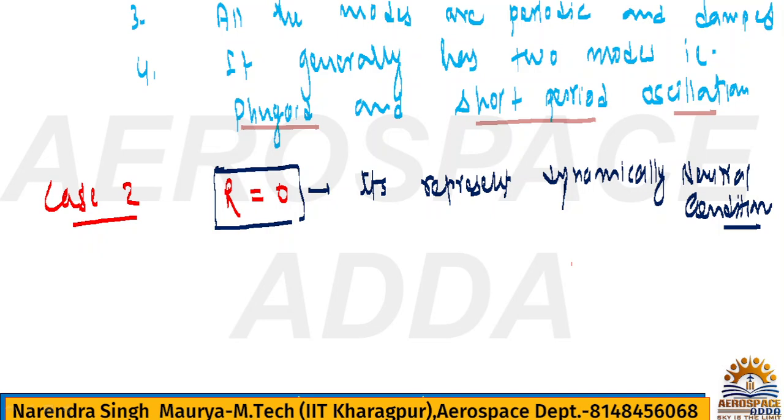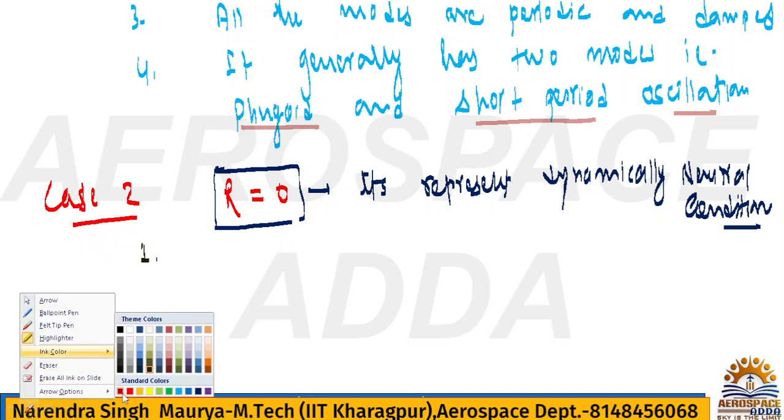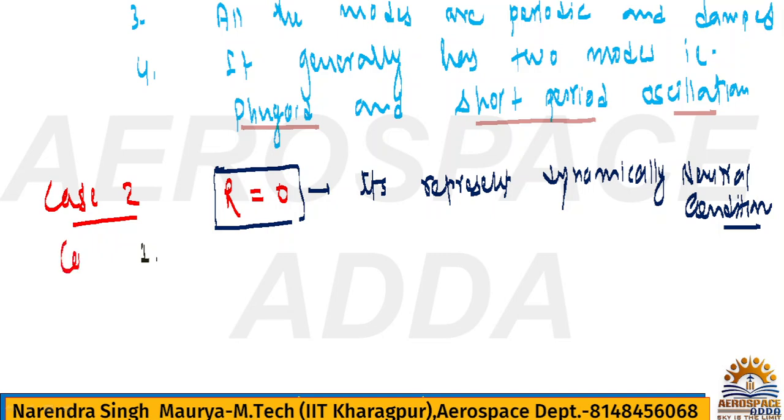So again, that is a point you need to remember. r equal to 0 represents dynamically neutral condition. Now the third case, better we write. I'll tell you about case 2, when it is neutral, what will happen. Once we solve one more problem, then you will understand what is important. Basically for those cases I'm writing. So case 2 done. Now case 3 you go.